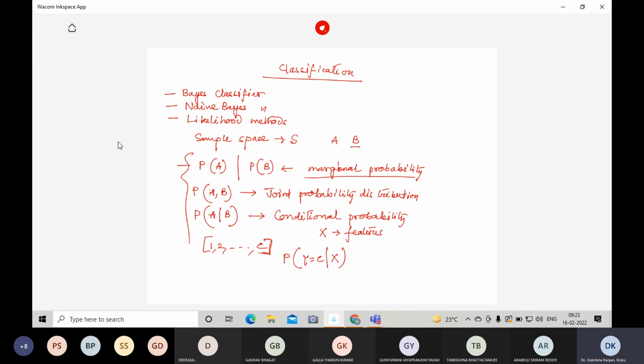This information can be interpreted as the probability of y at class c given data x, or features x. Here the capital X is the feature vector, or we can say this is the data.